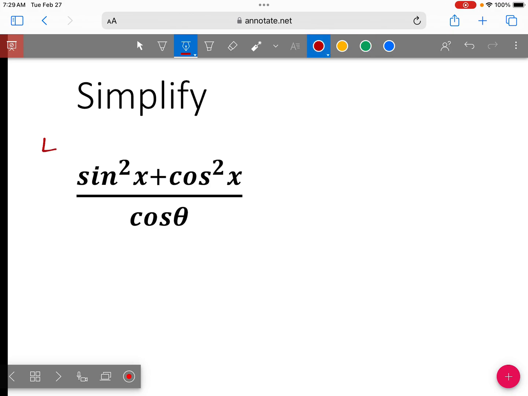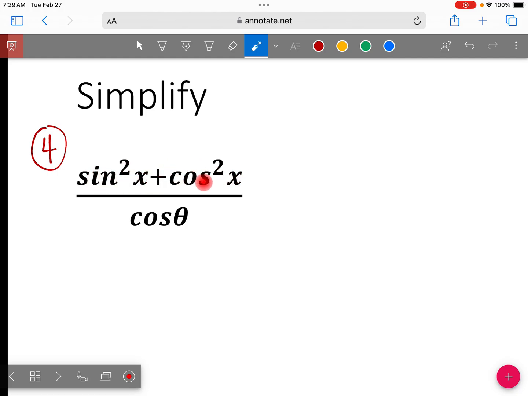Let's look at number 4. Go ahead and copy down number 4. All right, does anyone recognize what this is?